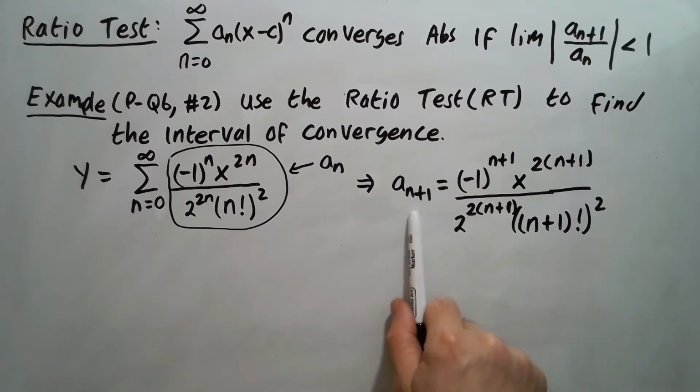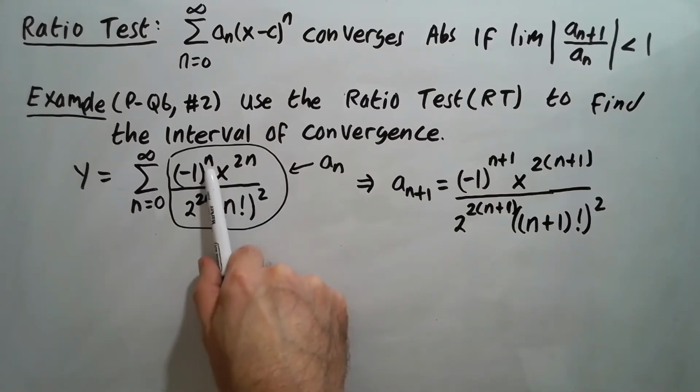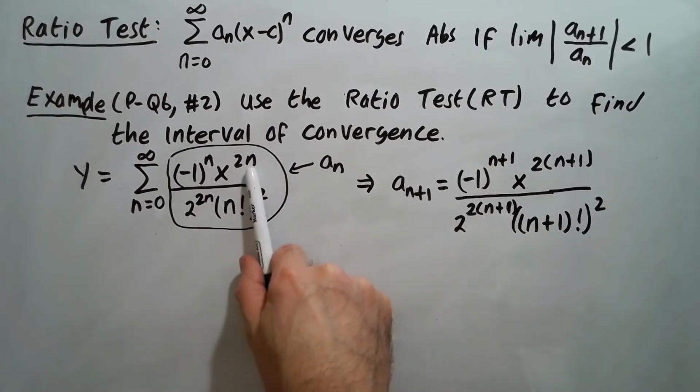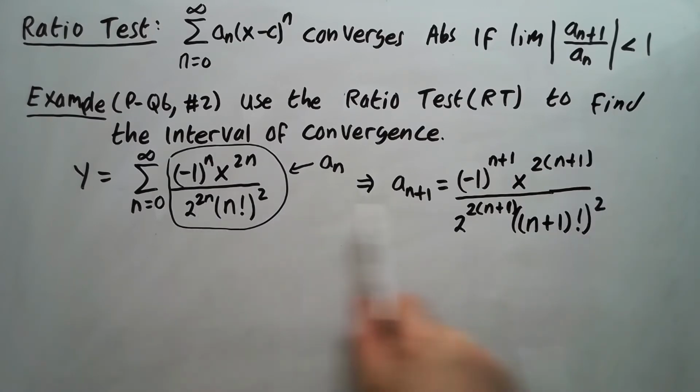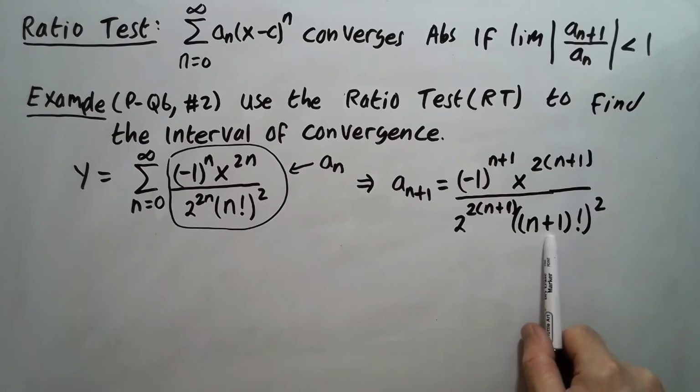Replacing this with n plus 1, negative 1 to the n plus 1. Replacing this with n plus 1, we'll have x to the 2 times n plus 1. Replacing these others with n plus 1, I've done that here.